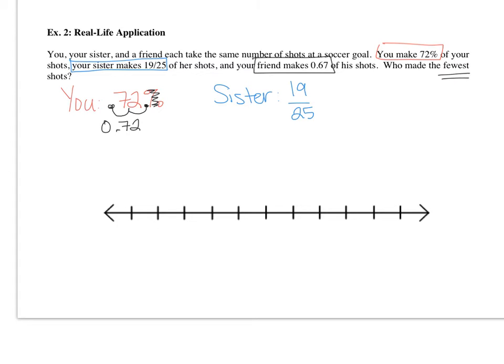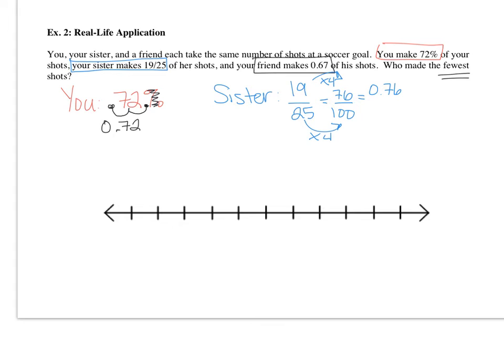That's not bad. Now, all decimals are out of tenths, hundredths, thousandths, so let's write this out of 100. So times 4, and I get 76 out of 100, which is 76 hundredths.